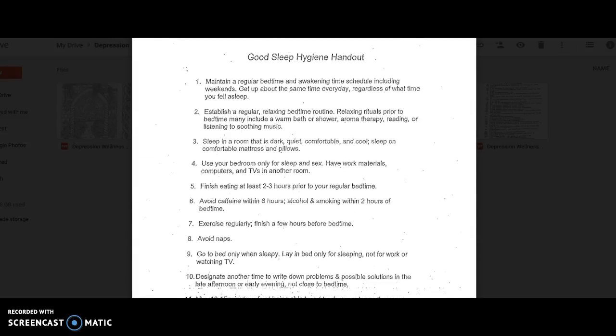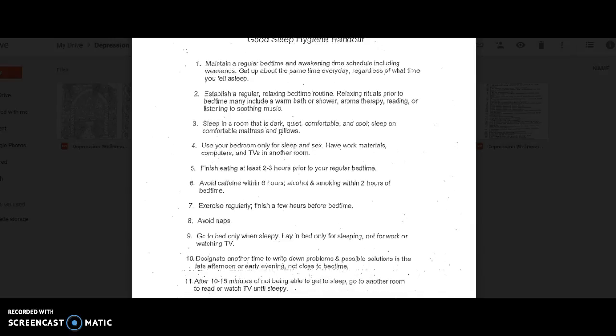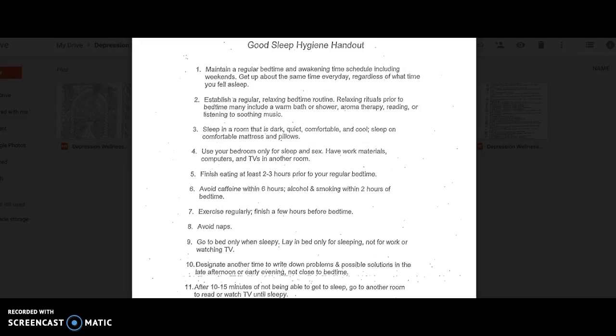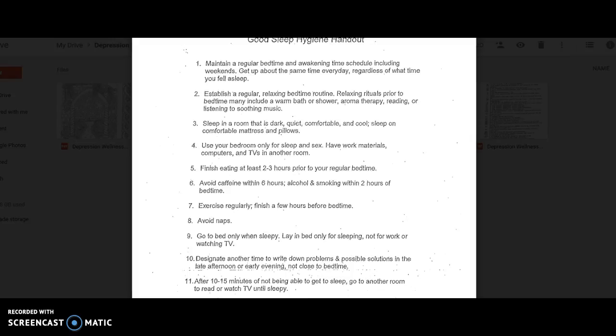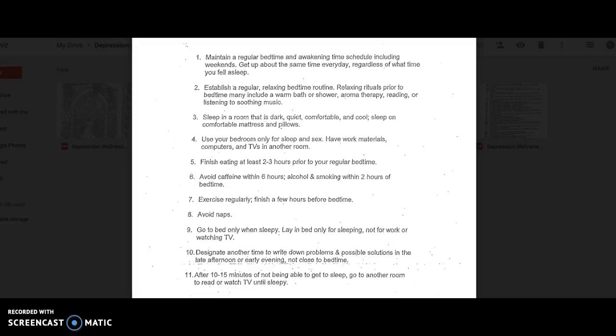All right, and then a good sleep hygiene handout for people who have problems with insomnia or sleep. I got this from a psychiatrist. A lot of people go straight to the doctor and want a pill for sleep. And this particular one would give out a handout first and try to do some self-help managing around sleep, like a nighttime routine to help with sleep.